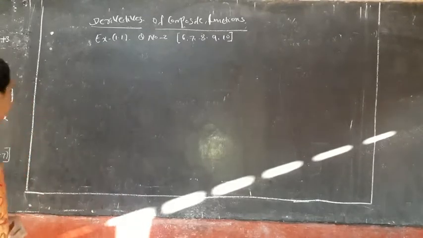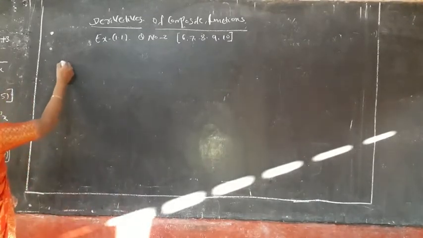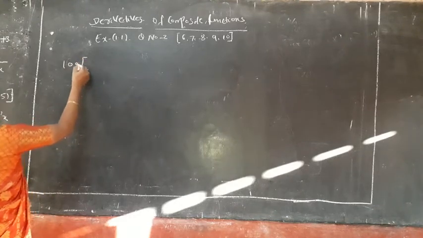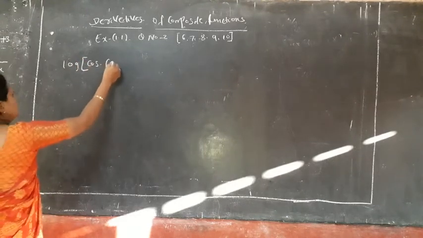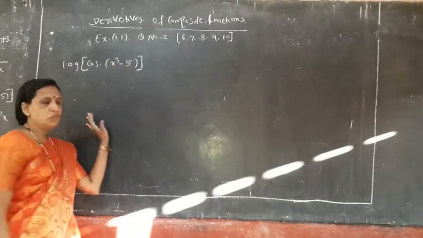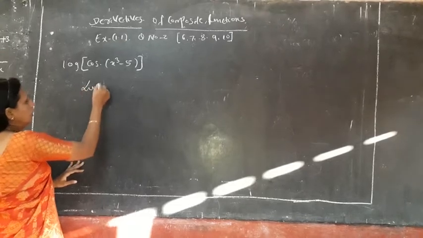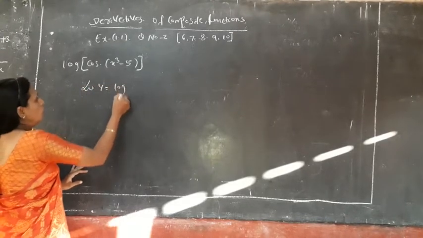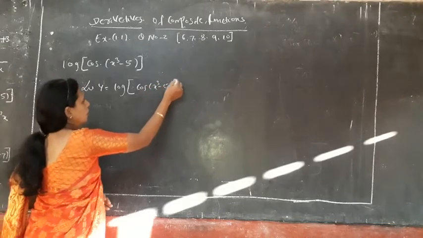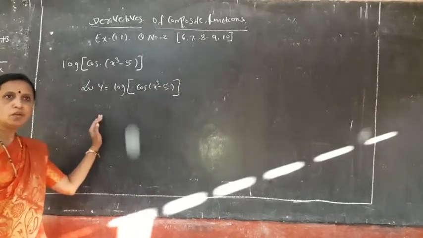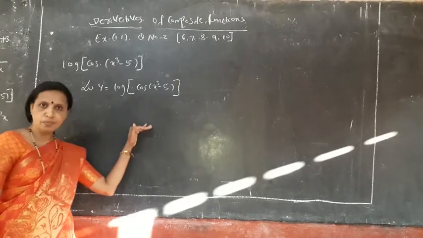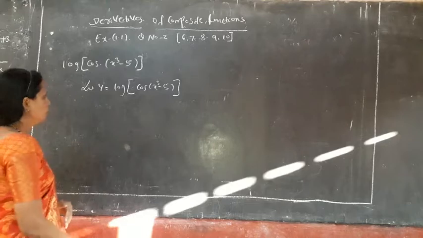Consider the third example, that is log of cos of x cube minus 5. So first define the function. Let y equal to log of cos of x cube minus 5. This is a log function. Differentiation of a log function is 1 upon the function and differentiation of that function.